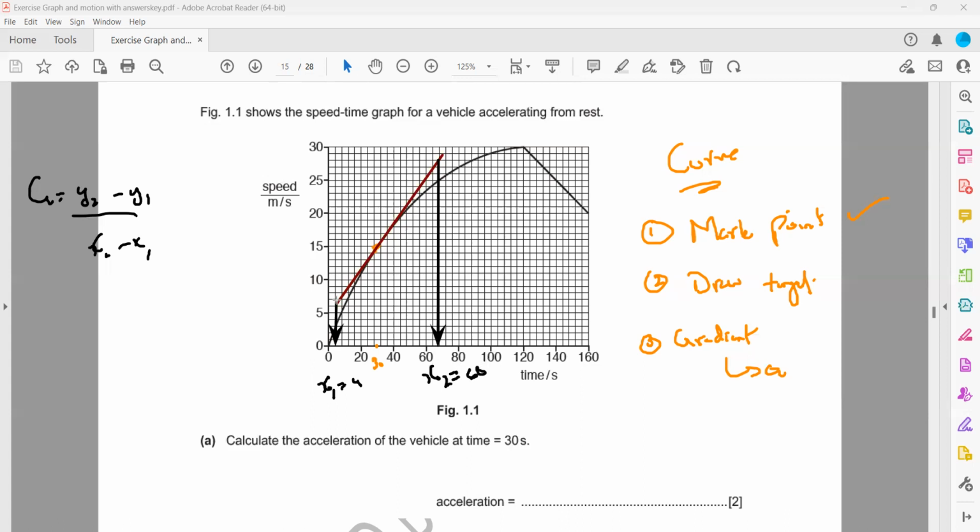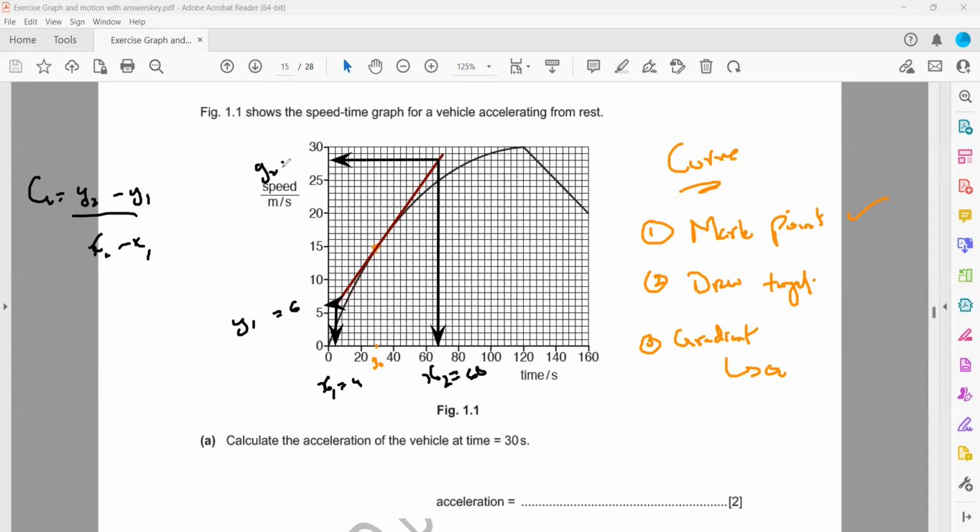On the y-axis, 10 boxes equals 10, so each is 1. So this is 6. So y1 is 6. And what about y2? So 25, 26, 27 and 28.